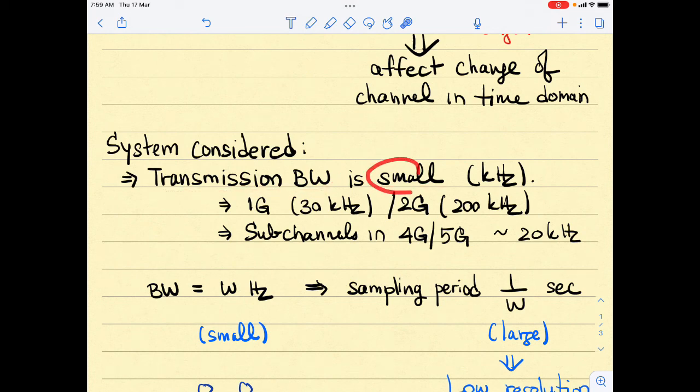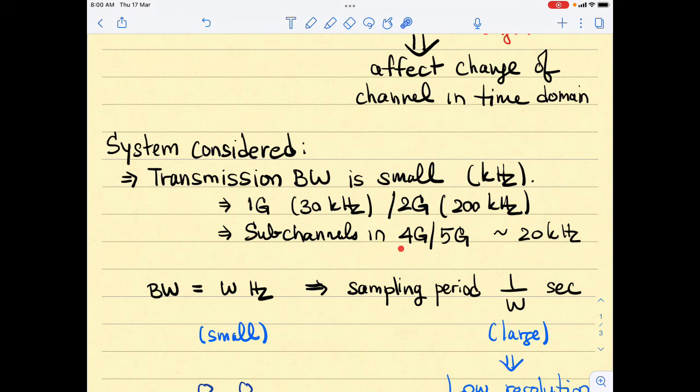Small here is in terms of kilohertz. An example of narrowband transmission is the 1G system, where the channel is only 30 kilohertz wide, and in 2G it's relatively narrow too. The bandwidth is 200 kilohertz.